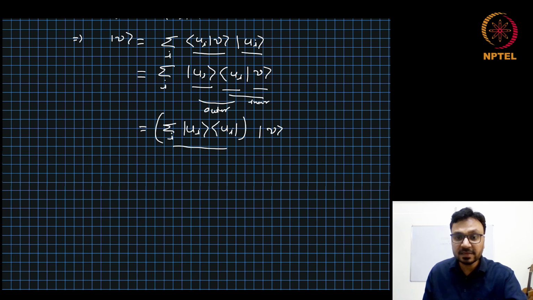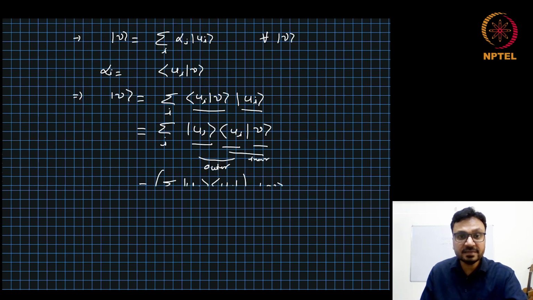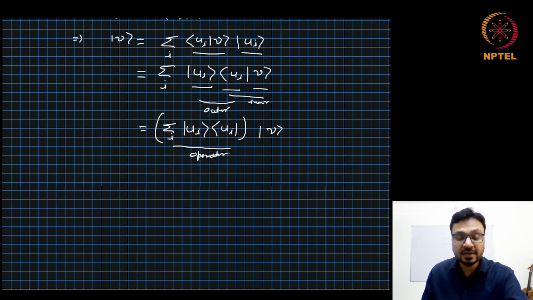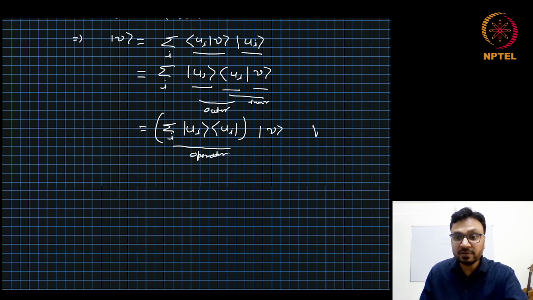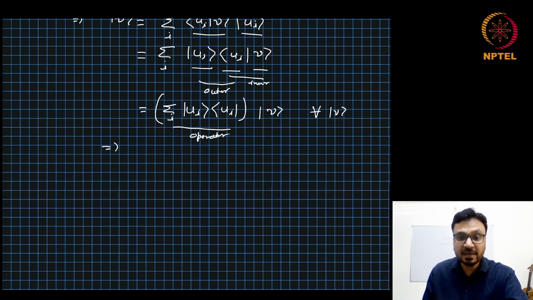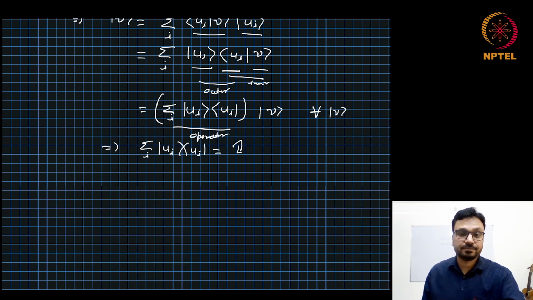Now you see, this is an operator, and we have rewritten this equation as an operator acting on the original vector V. So this is true for all the vectors V. This implies that the sum over i of ui ui must be equal to identity.